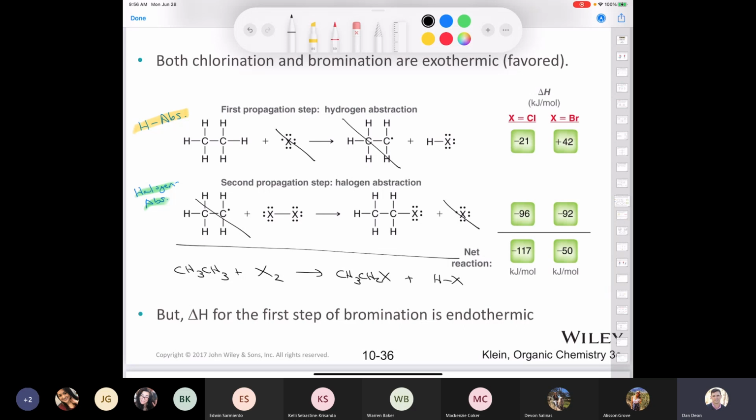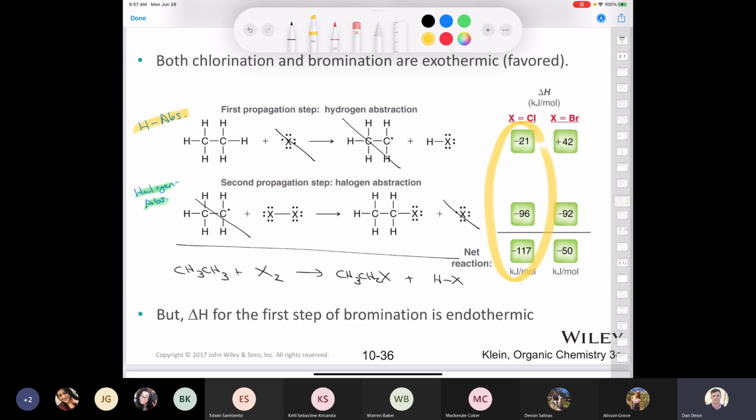So the net reaction, in order to determine the delta H, or the change in enthalpy for the overall process, I have to tally up the delta H for both of these steps. Now, if you do it for the chlorination, what do you see? Minus 21 plus negative 26 gives you negative 117.